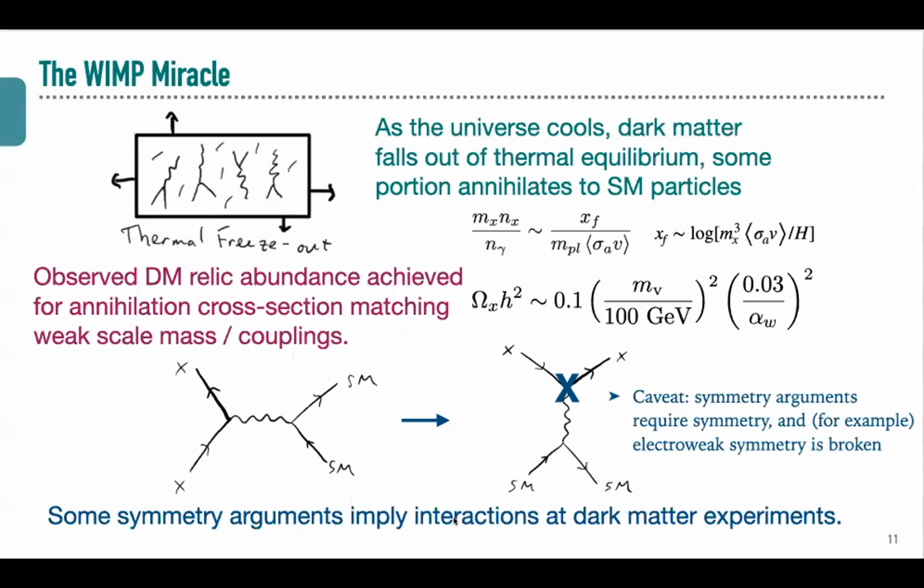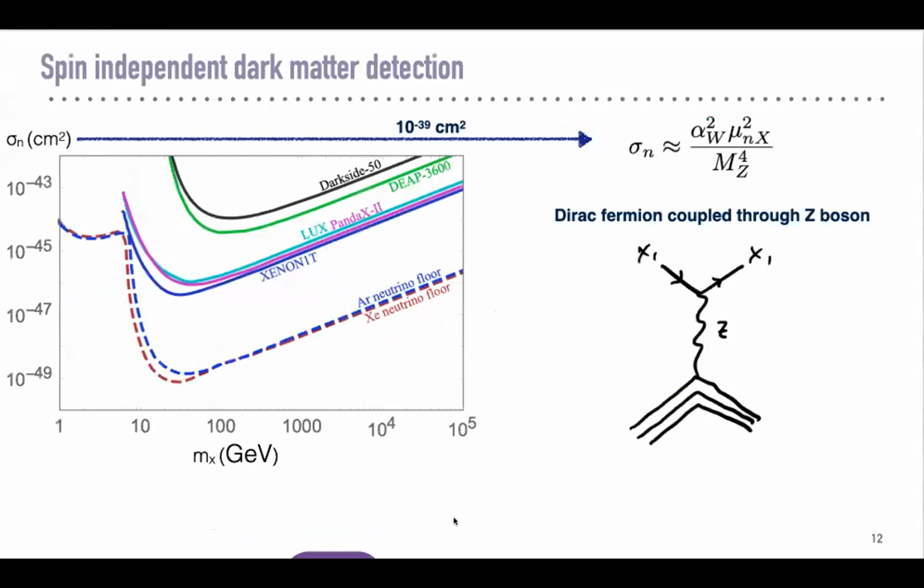But one important caveat to that is that symmetry arguments require symmetry. And for example, electroweak symmetry in the standard model is broken. And that's something that we are associating this with when we talk about a WIMP miracle. And so we should keep our eye on that. But in a very generic sense, I could ask, what is the cross section for scattering on nucleons for a generic WIMP?